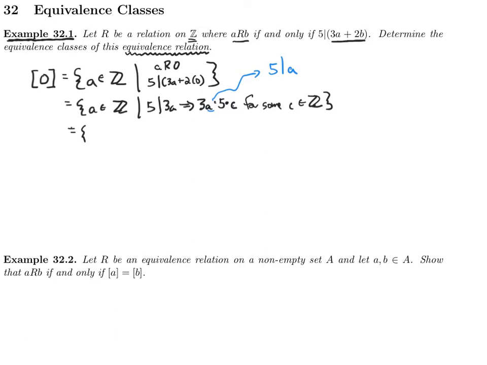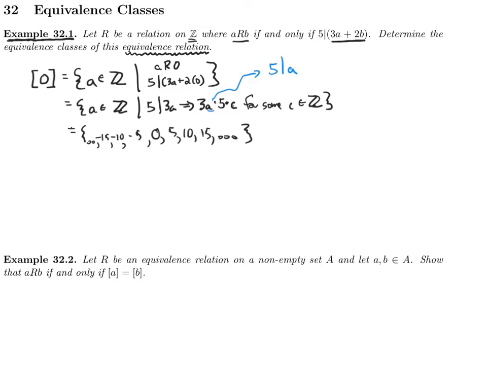So what are the numbers that have a factor of 5? Well, 0, 5, 10, 15, 20, 25, 30, etc. And here we have minus 5, minus 10, minus 15, minus 20, etc. So that's the equivalence class for 0.